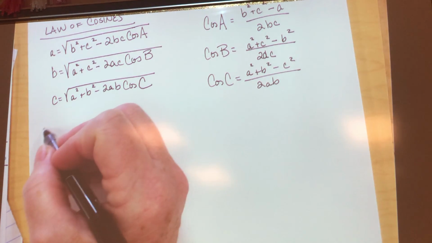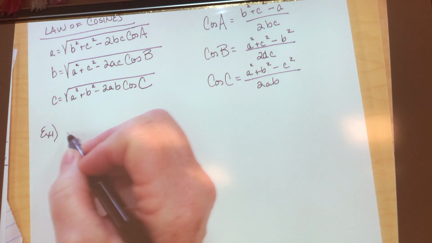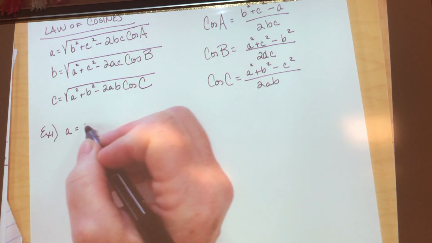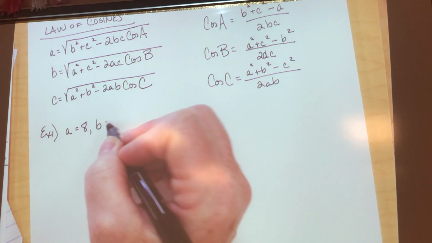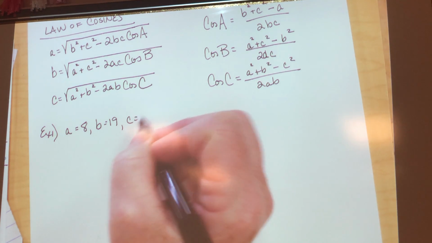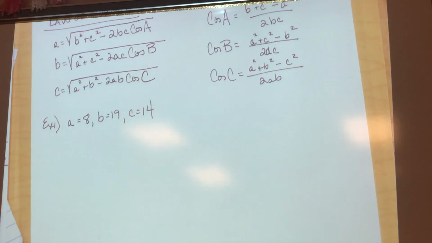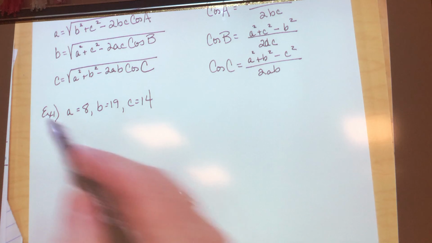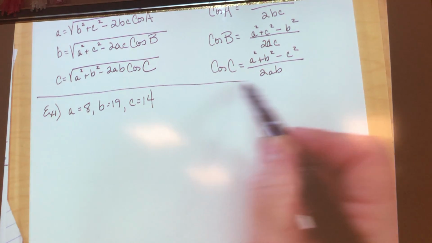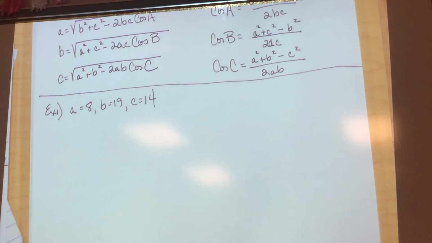All right, example 1. I'm going to tell you that side a is 8, side b is 19, and side c is 14. So this is the one where we know all the sides. I just told you that there was a stipulation or a restriction when you know all the sides.